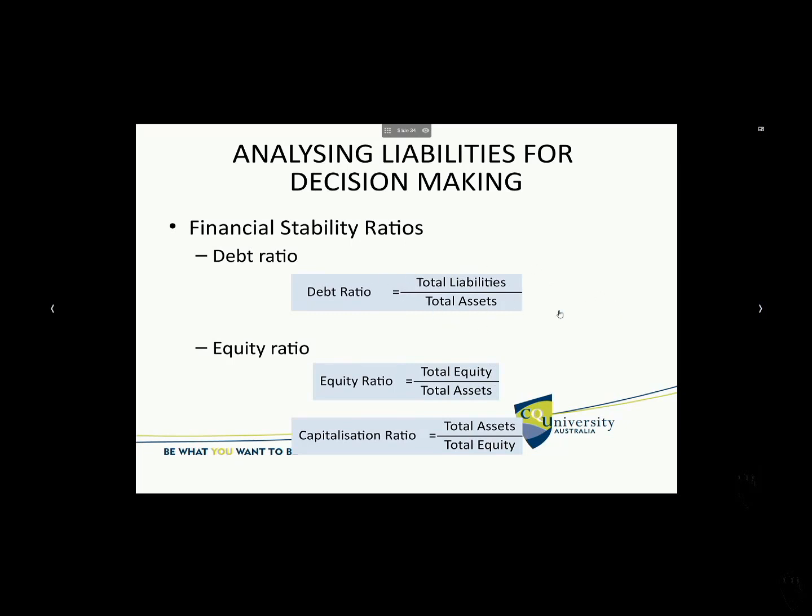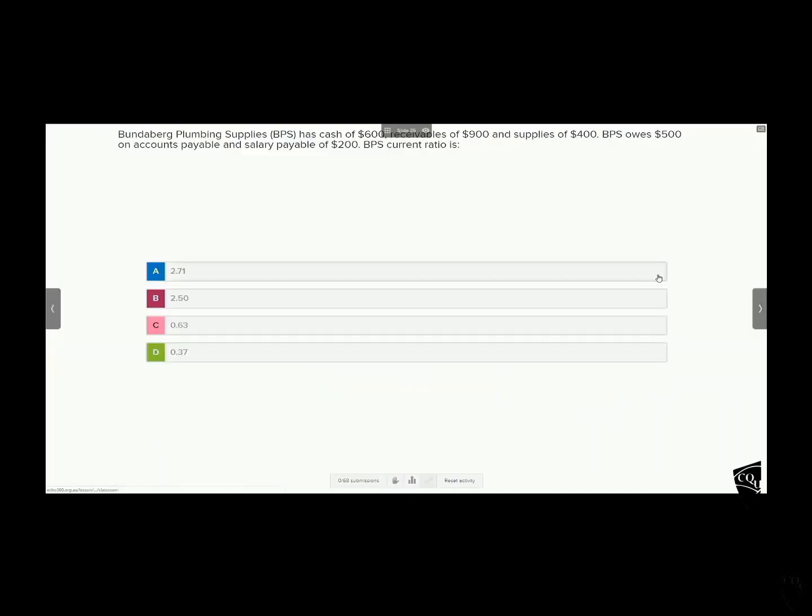Again, if there are too many liabilities, then the company can become unstable in the event of an unexpected shock, like the GFC. Okay, remember those ratios, because you'll need them to do this question.